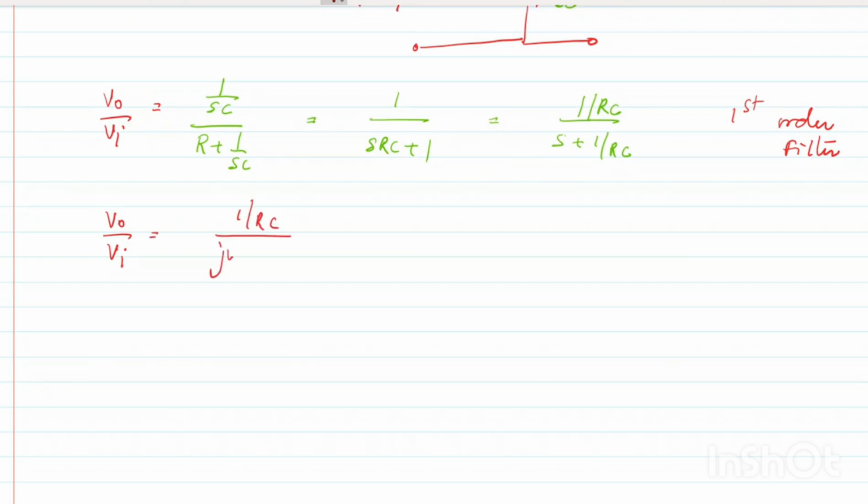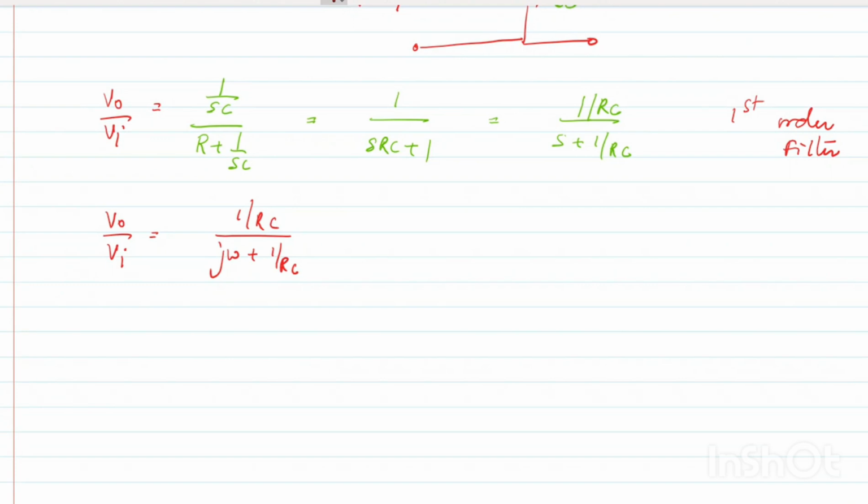Is this a low pass or a high pass filter? I will tell you. Can you tell me whether it's a low pass or a high pass filter? How to see that, whether it is low? Yes, I'll tell you now.